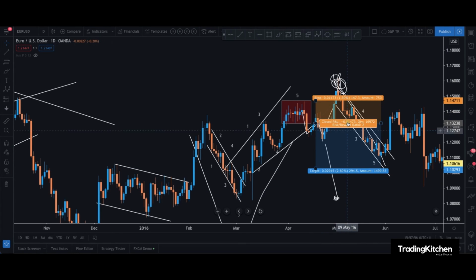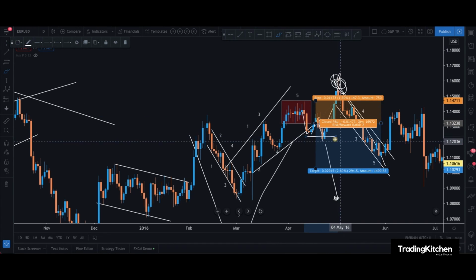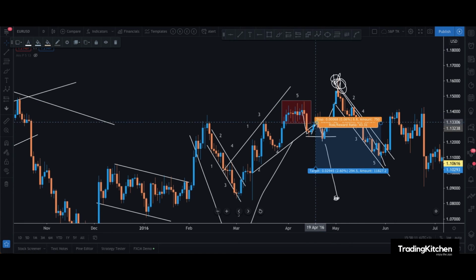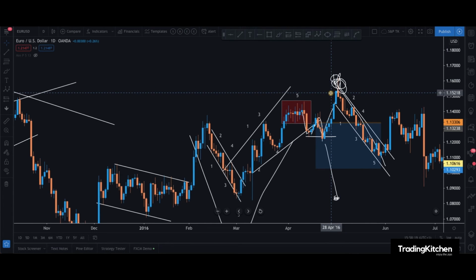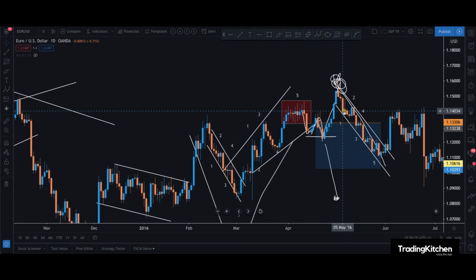So here, as price makes this kind of movement and breaks this support too, we can move the stop loss to entry. Okay, then when price retests the level, the market takes us out of the trade, but without a loss.